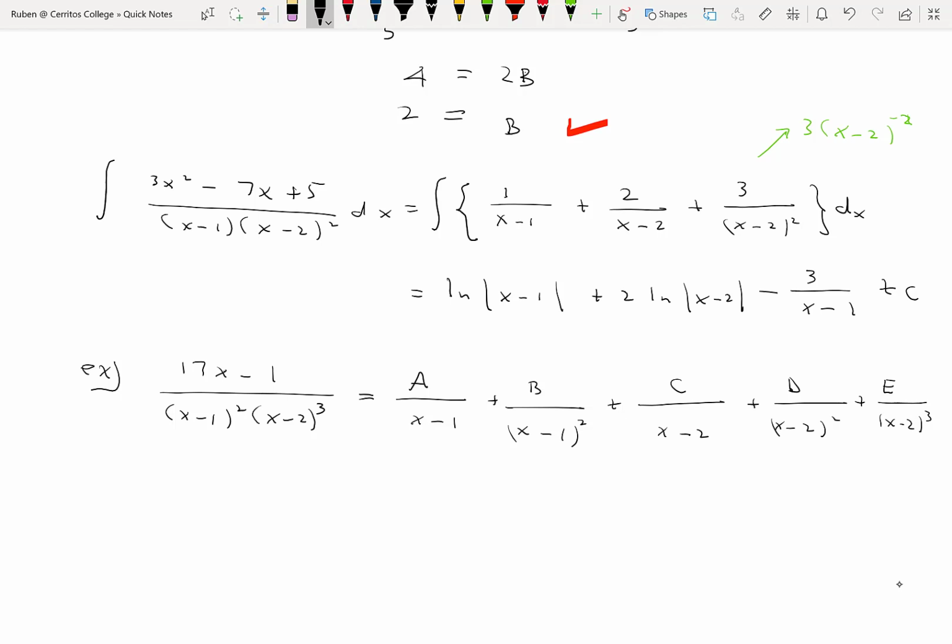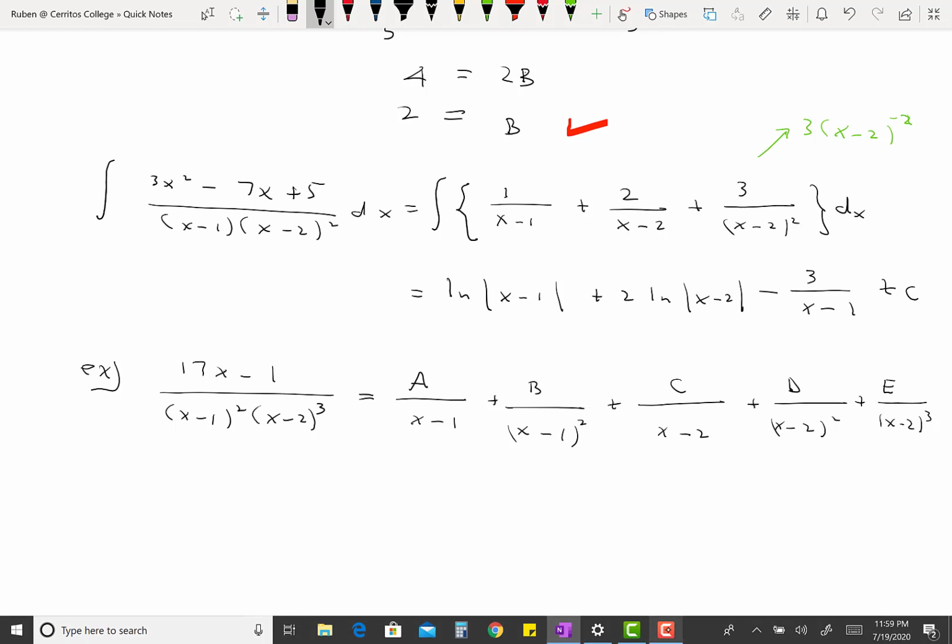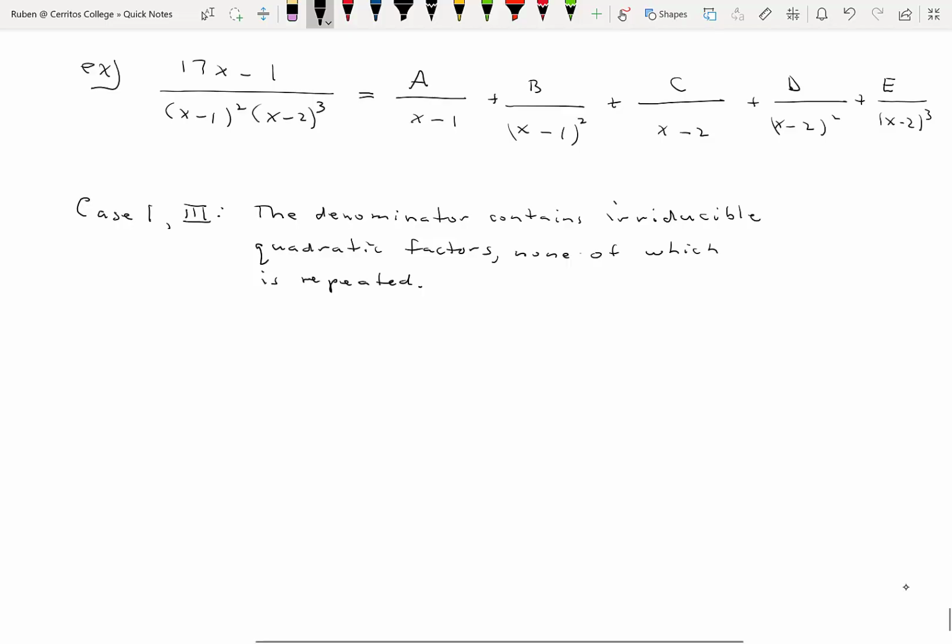Okay, so let's now take a look at case 1, Roman numeral 3. And that case is the denominator now contains what are called irreducible quadratic factors.